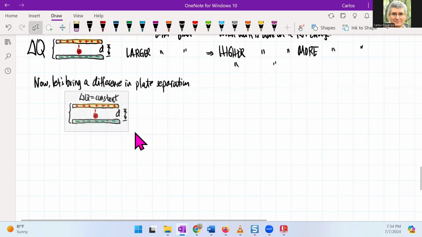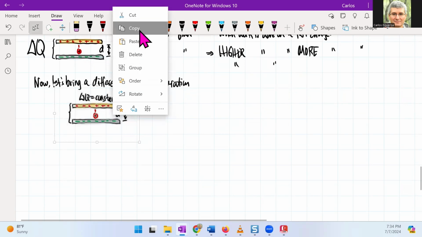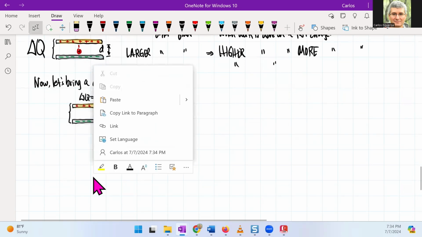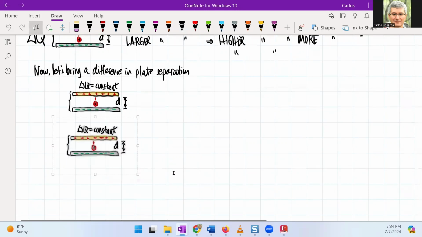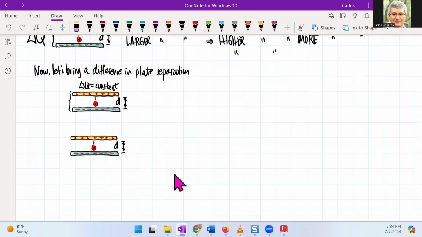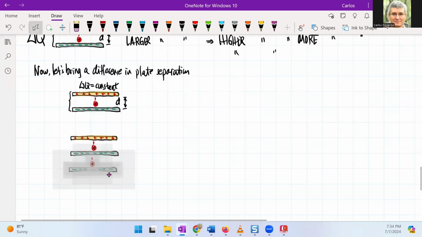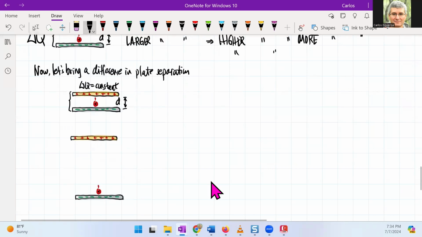Now I'm going to keep this separation of charge exactly the same, but the big difference here is that now I'm going to separate these guys. If I drag this down here, we clearly see that I didn't do anything with the charges.